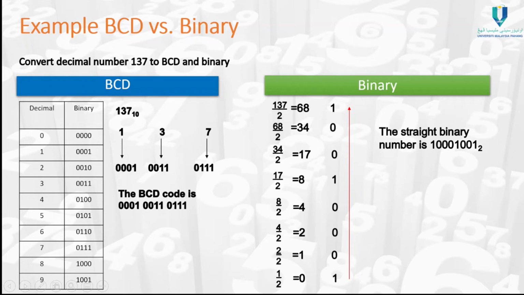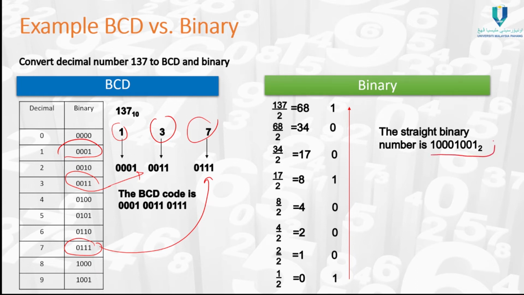For BCD, we straight away look at the table and find the BCD code for number 1. Number 3 is 0011. Number 7 is 0111. But for binary numbers, we have to perform division, just like we did in the previous subtopic, and then the remainders of the division will be the binary number.